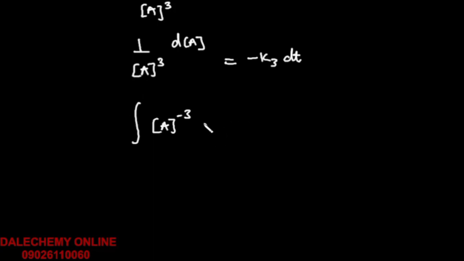Alright, so we now have A to the minus 3 dA equal to minus k3 dt. So you still have to add integral to this as well. Now you're differentiating with respect to A, so that means changing A. So it will always start from the lower limit, which is the initial concentration. When the reaction has not started, we have just the initial concentration.